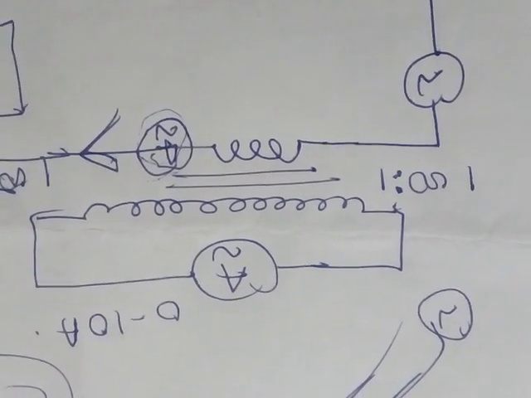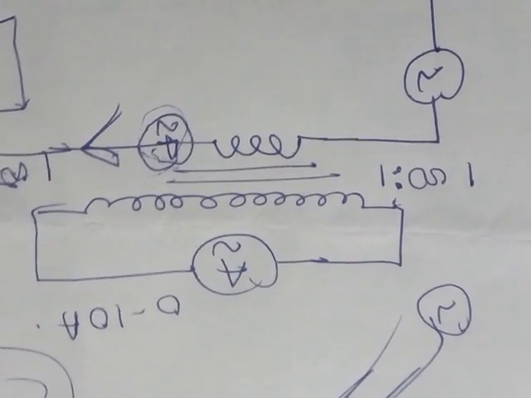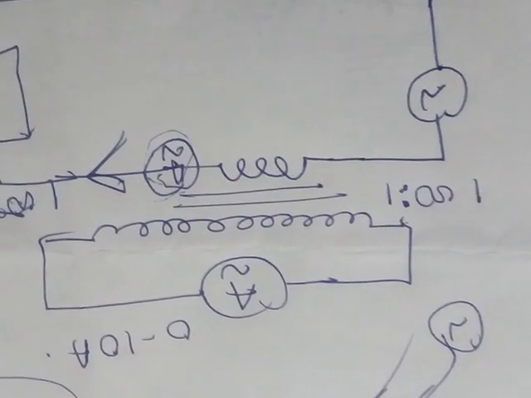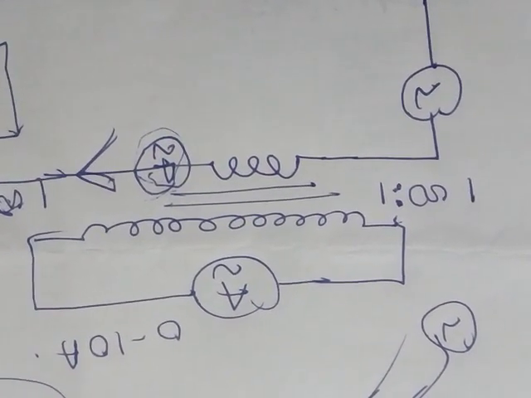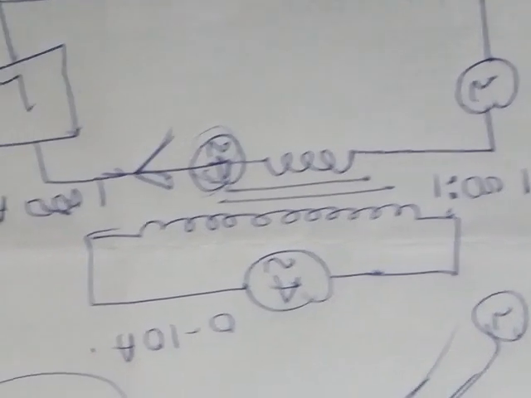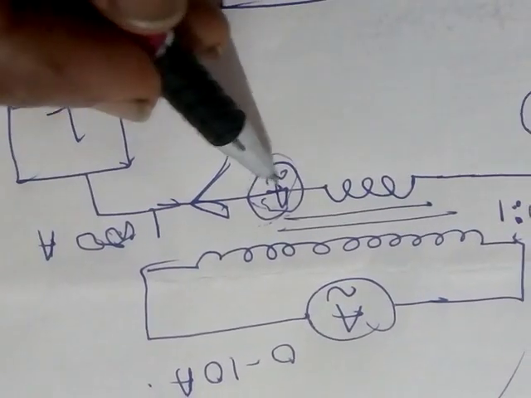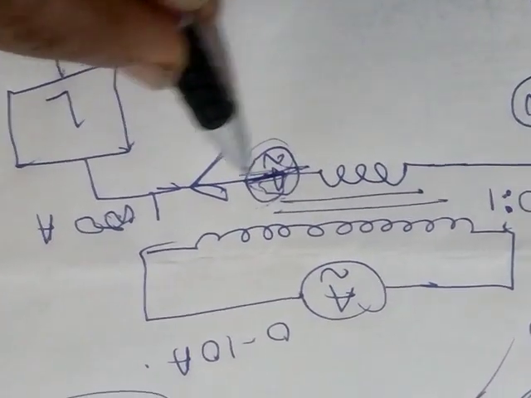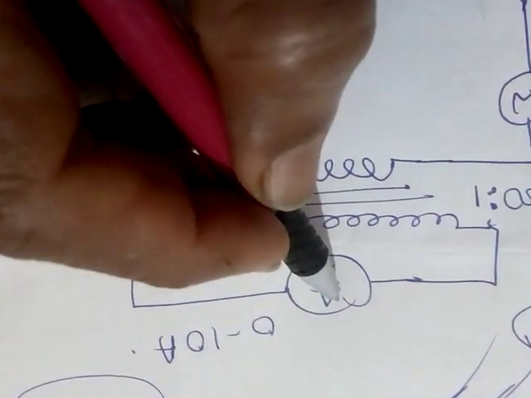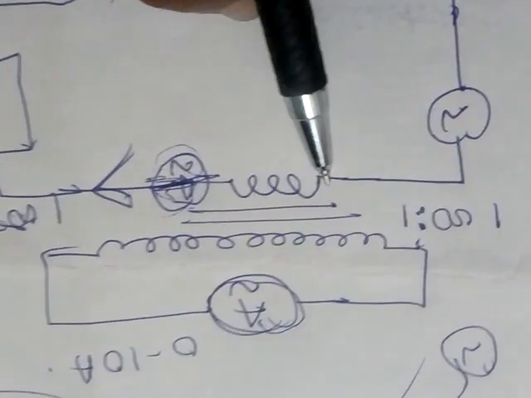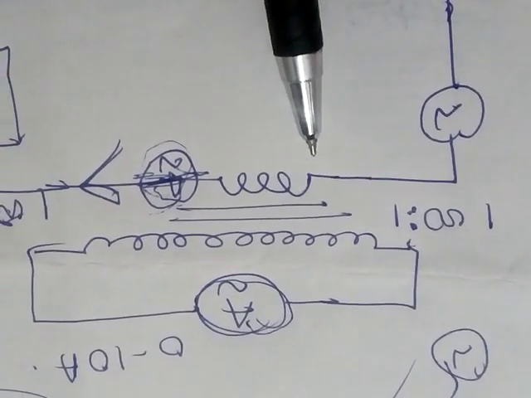And also the wires which are used for 1000 amperes will be of large area of cross section, difficult to handle. So actually we don't put an ammeter here, we put the ammeter on the secondary side. Now the turns ratio here will be 1000:1.